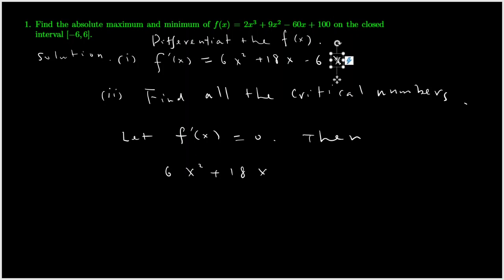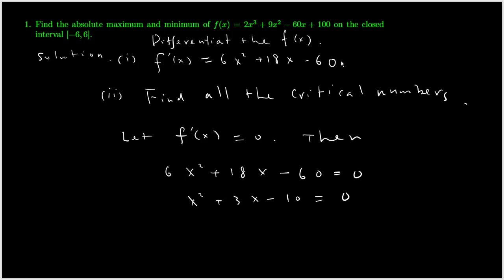Sorry, I was trying to write 6t, I wrote 6x minus 60, right? Again, it's permissible to divide the equation by a non-zero constant of 6. After doing that, we have x squared plus 3x minus 10, I believe, right? Is equal to 0.